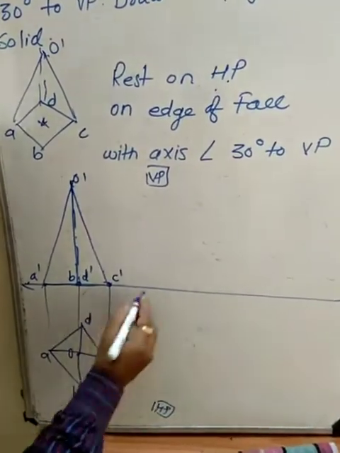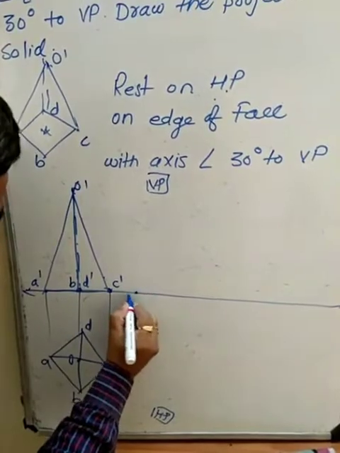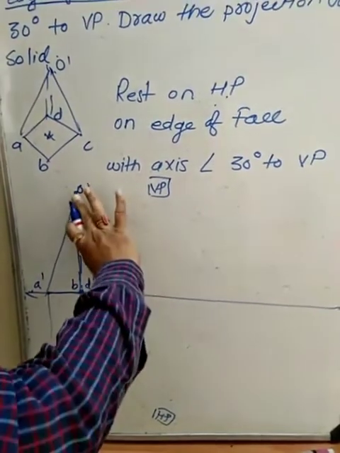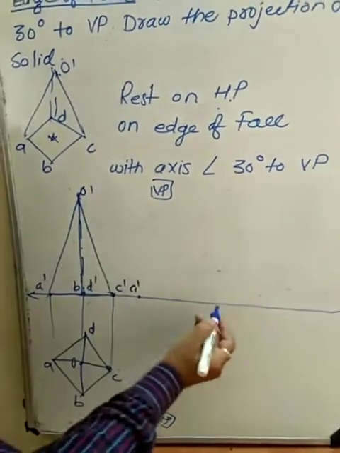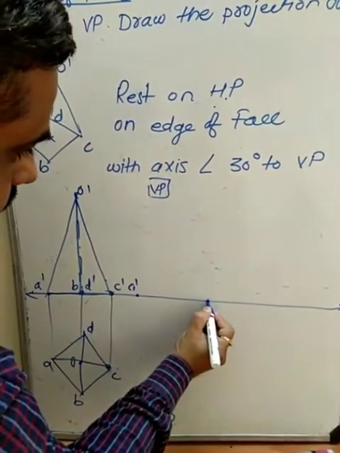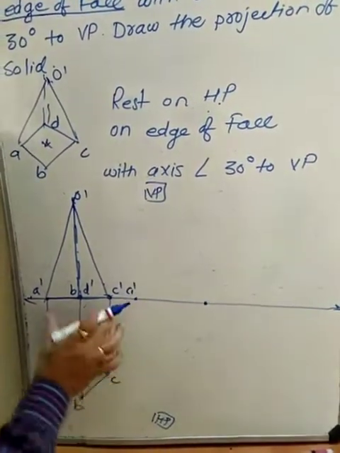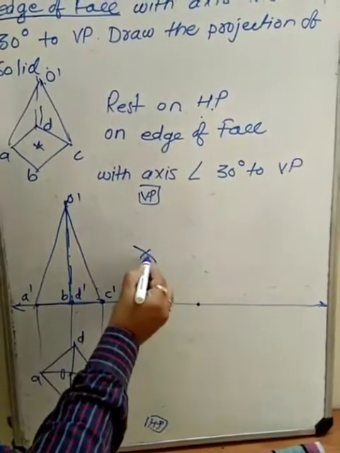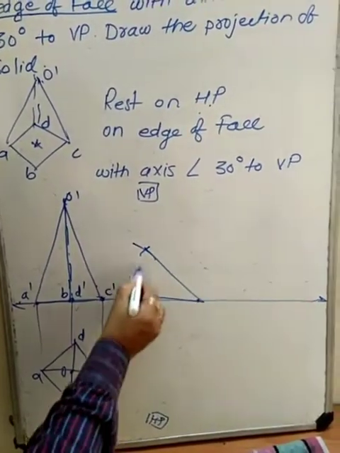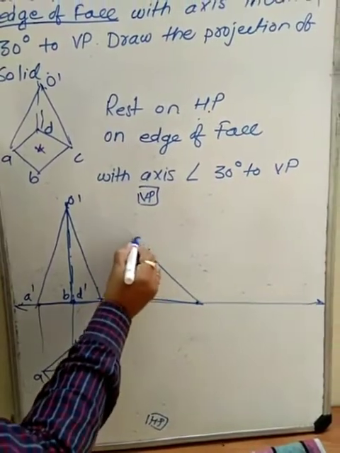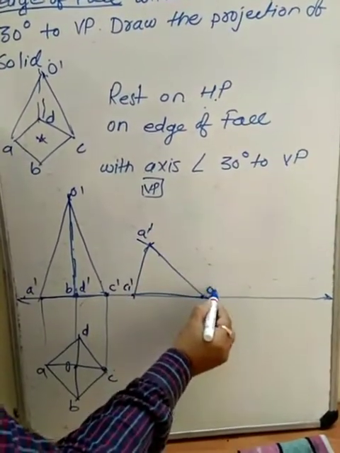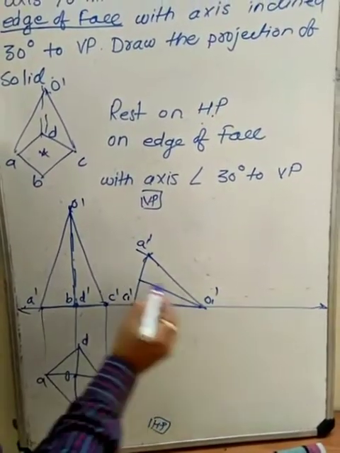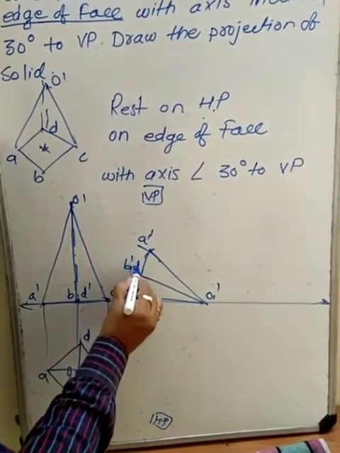Now next here C1 dash. Now take this distance, mark over here. With this distance you will get the solid like that. This is A1 dash, this is O1 dash, this is B1 dash, D1 dash.